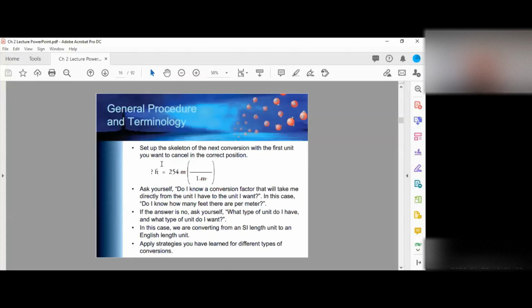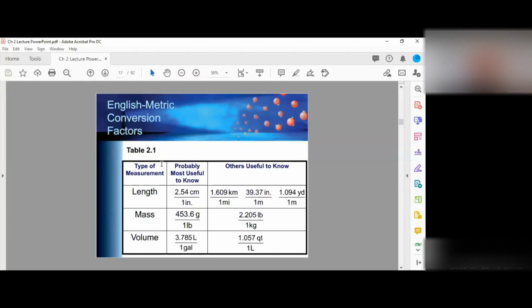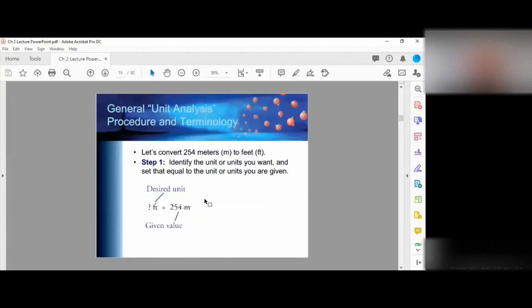Well, you're going to learn from the exam handout and from your textbook that 2.54 centimeter equal 1 inch, and 1 foot equal 12 inch. So basically, the connecting point between the feet and meter is the inch.